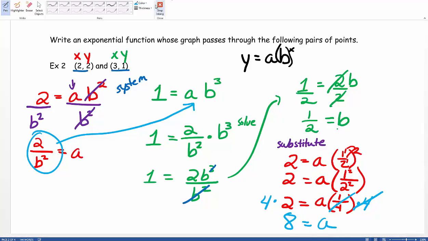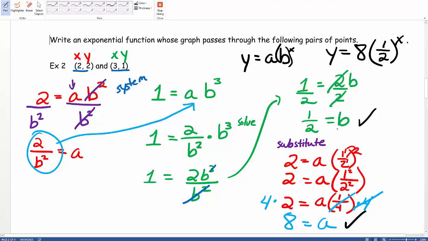So now that we have our a and we have our b, we can go ahead and construct our equation for this exponential function. So pretty much just substituting values in. Right now we're going to leave y alone, equals our a value we know is 8. We now know our b value, it's a 1/2. All of that raised to the x power.